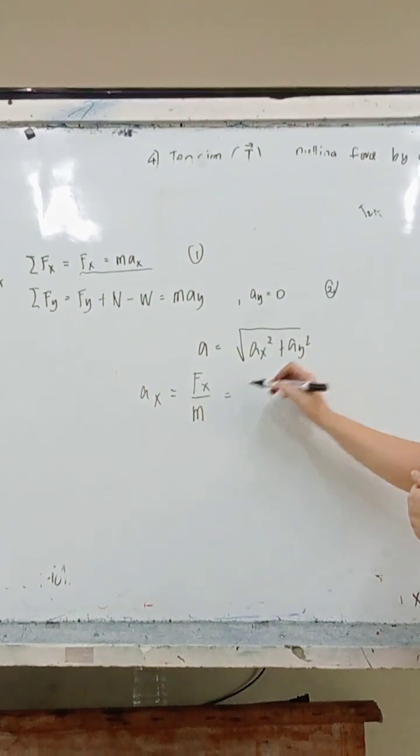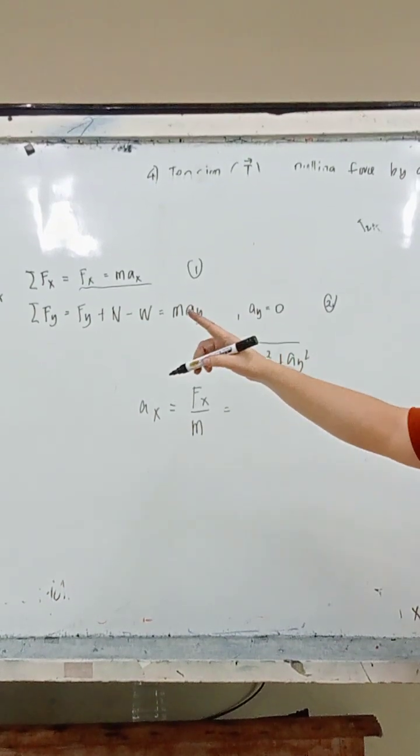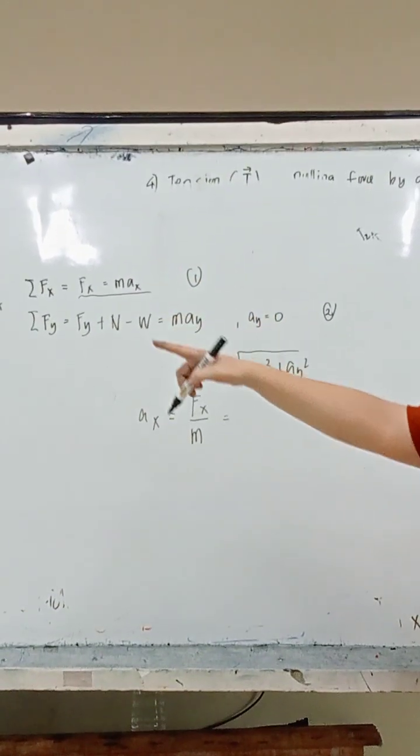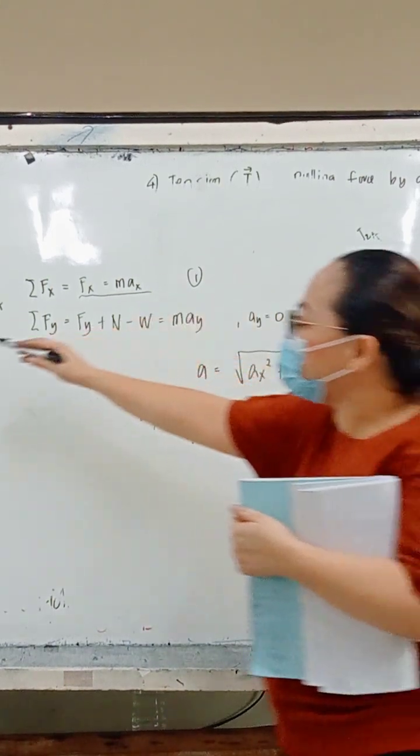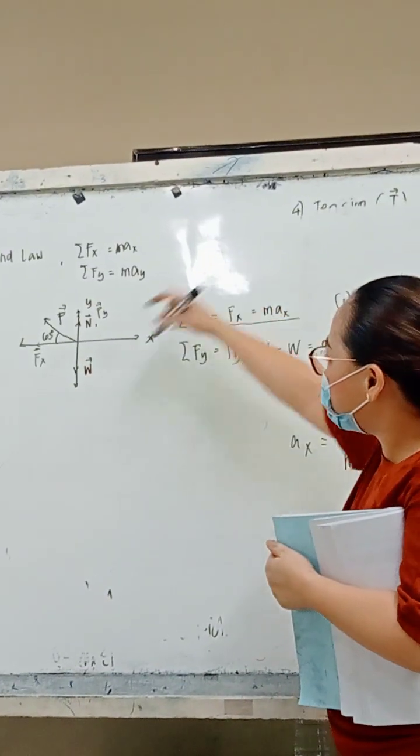Then Fx, in terms of the given force and theta, is negative, since it points along the negative x.